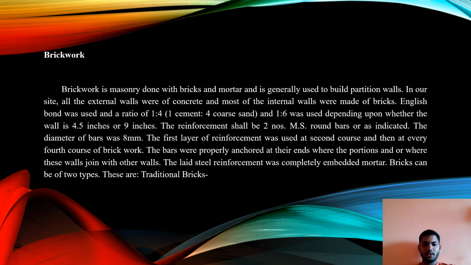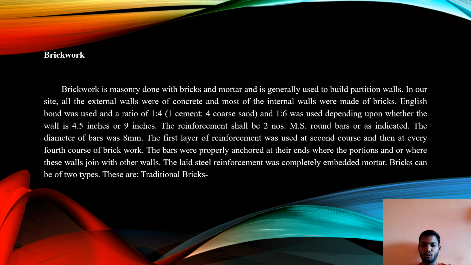Brickwork is masonry done with bricks and mortar and is generally used to build partition walls. On our site, all the external walls were concrete and most of the internal walls were made of bricks. English bond was used in the ratio 1 to 4, where 1 is cement and 4 is sand. 1 to 6 was used depending on whether the wall is 4 inches or 9 inches.